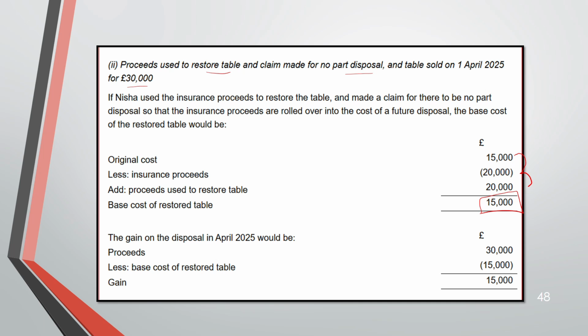In short, from the insurance proceed, deduct the cost. Insurance proceed is 20,000. Original cost is 15,000, which leaves 5,000. This is the gain. So this 5,000, you're deferring it. It's a gain. Deduct it from the cost of the replacement asset.